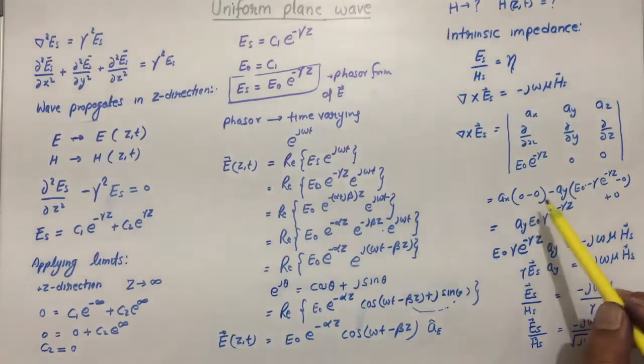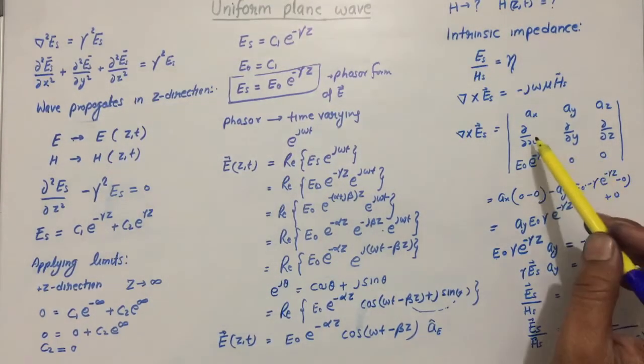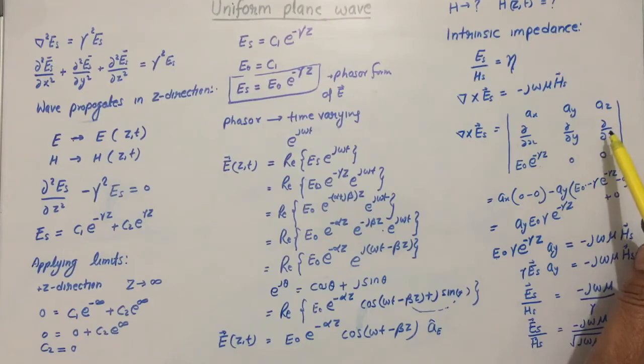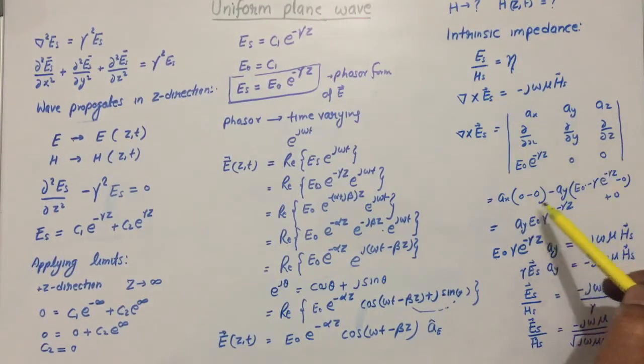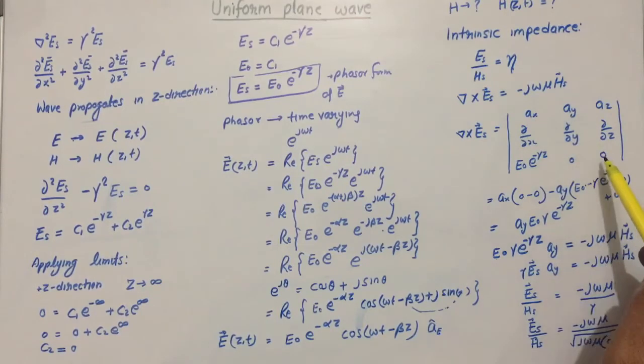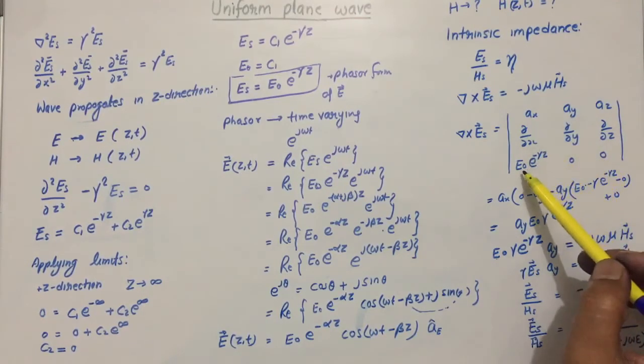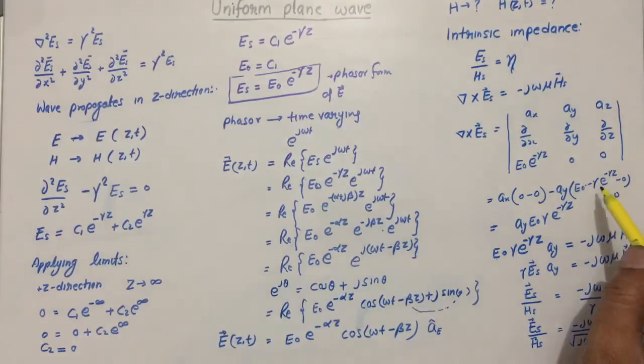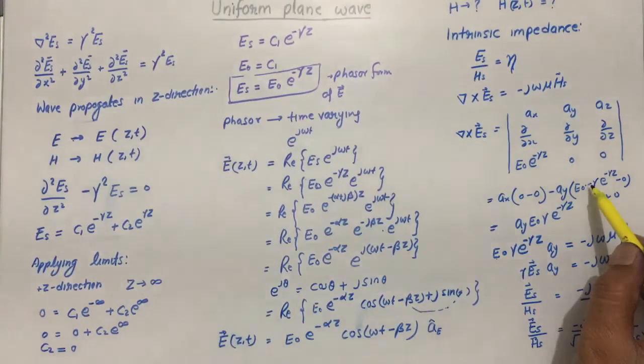Let us rewrite this. Ax times 0 minus 0, that is this, minus ay times 0 minus, okay, here there should be one more minus.